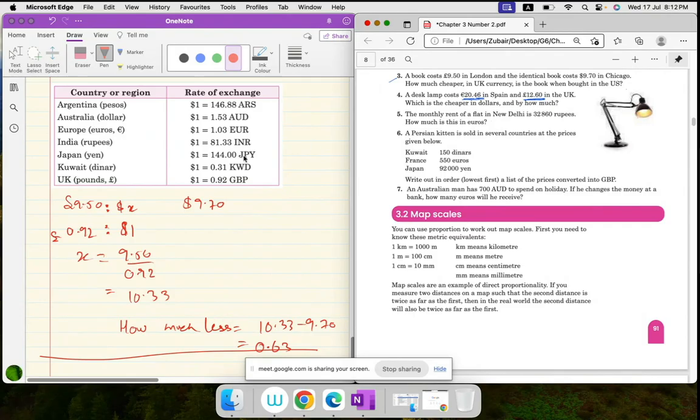Use the same table. So I have to convert euros into dollars. Yeah, first figure Ali, second figure Haris.